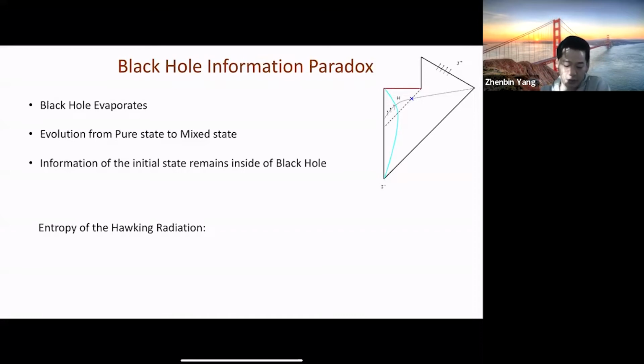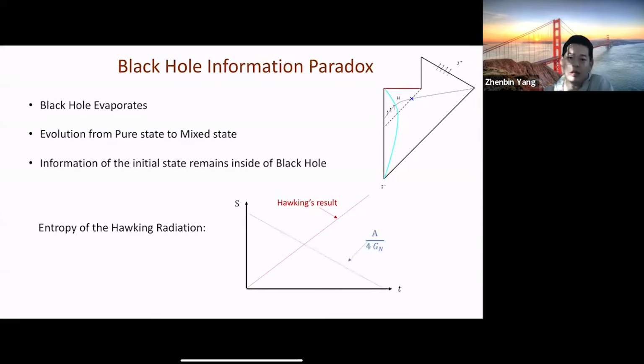If we draw the entropy of the Hawking radiation based on the geometric or semi-classical calculation, then the entropy keeps increasing. But due to the evaporation of the black hole, the Bekenstein-Hawking entropy is decreasing.